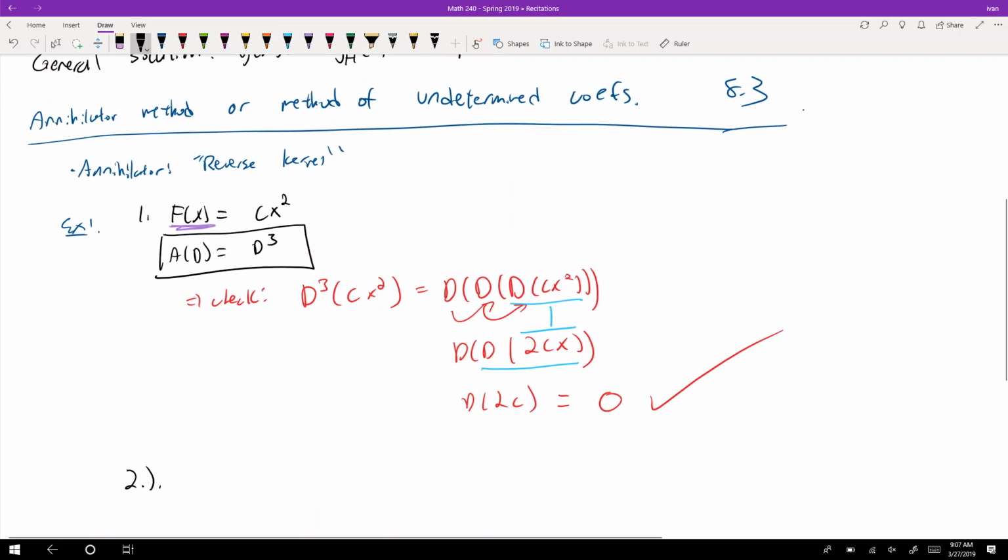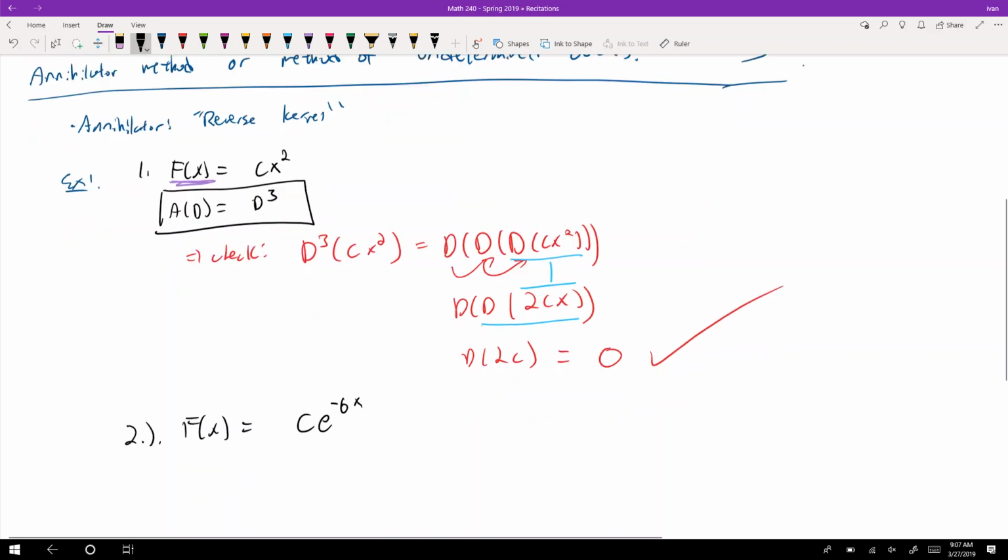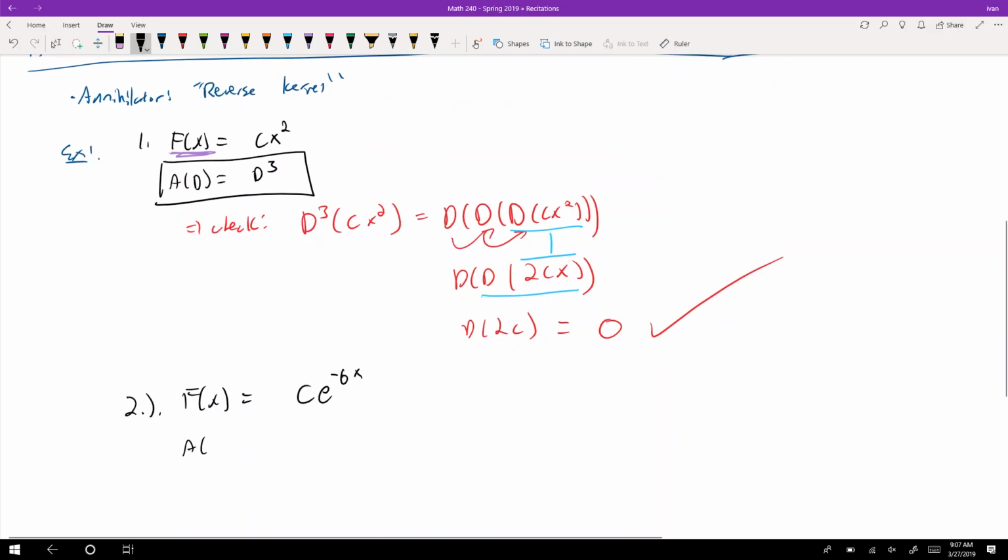Another example. Let's say f of x is equal to c times e to the negative 6x. Now I'm going to claim that the annihilator A of D is equal to D plus 6. Let's see if that works. So here's the check.